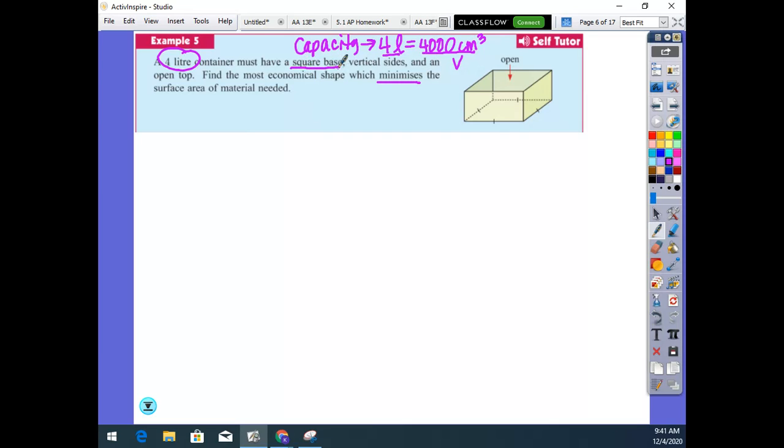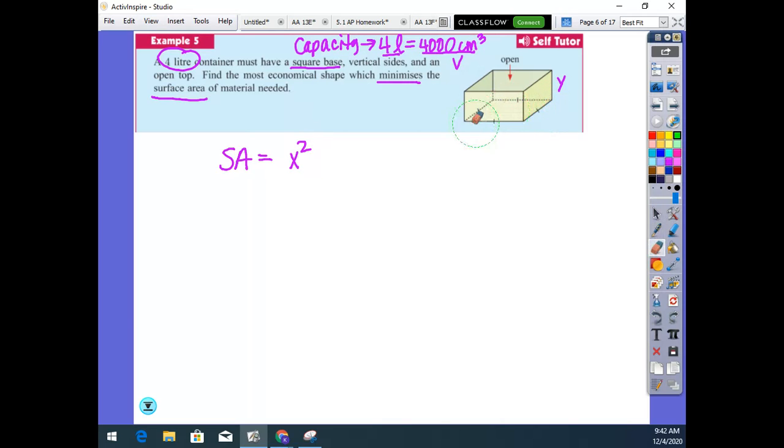This says there's a square base. So that means this side is x and this side is x. And whatever this side is, let's just call that y. So if we want to minimize the surface area, first of all, what would the surface area of this prism be? If we think of the base, that's just x times x, x squared.